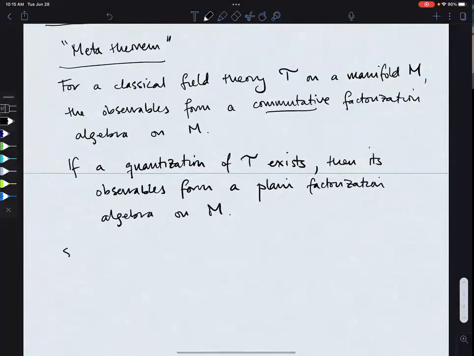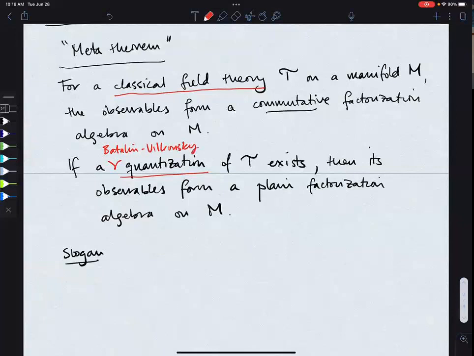If you want the slogan version of this, maybe I should raise a question first. What do I mean by classical field theory? I'll need to spell that out. And you might also ask what I mean by a quantization. Here, I'm going to mean a Batalin-Vilkovisky quantization. I'll talk about that in a moment, but it's a way of approaching field theory.